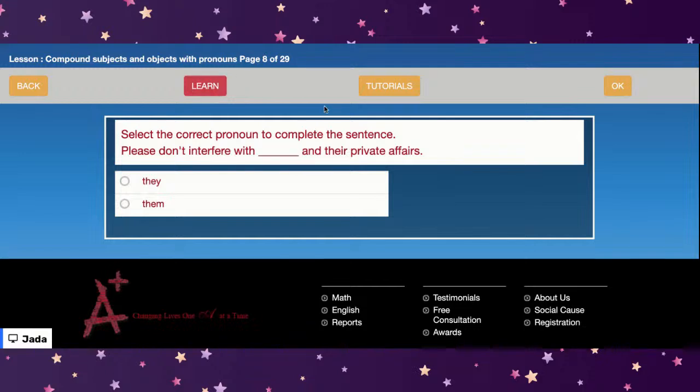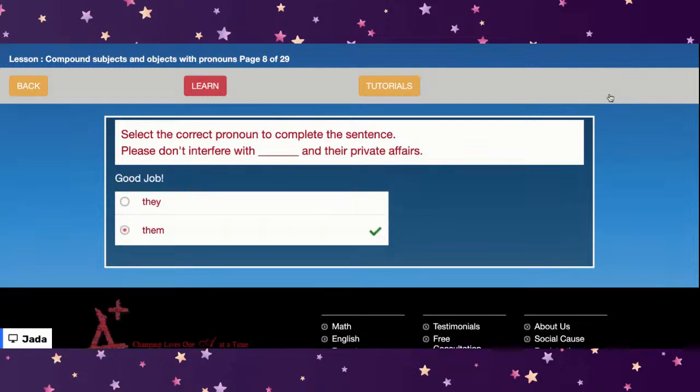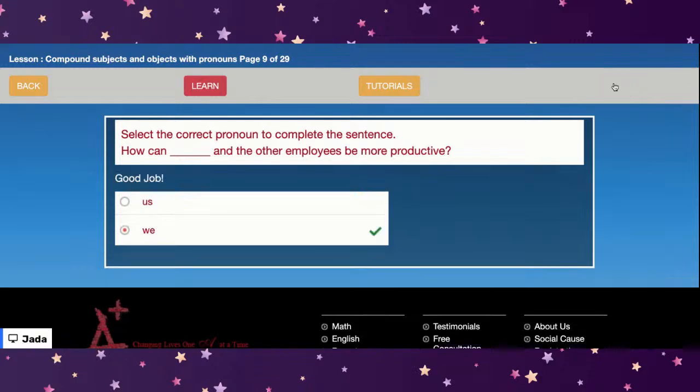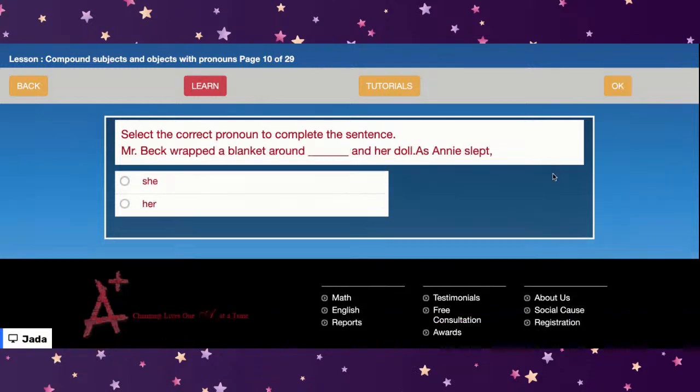Please don't interfere with Dash and their private life. Don't interfere with them, not they. Okay? How can Dash and the other employees be more productive? How can us or how can we? So we, okay? Subject pronoun.